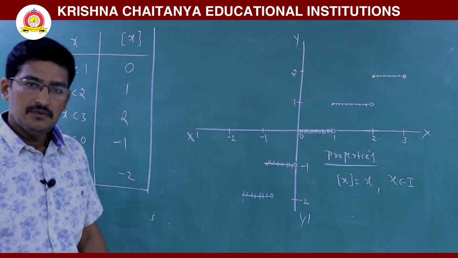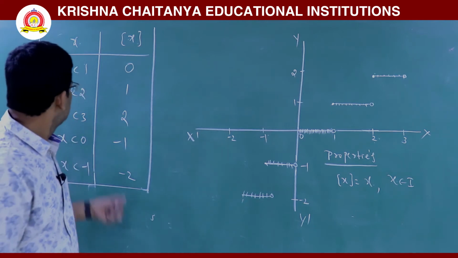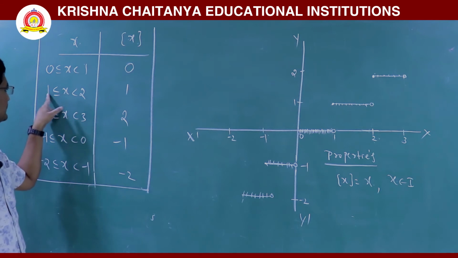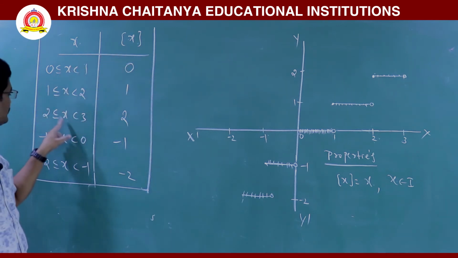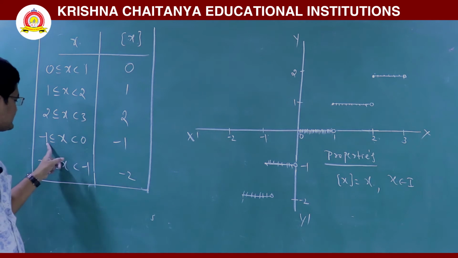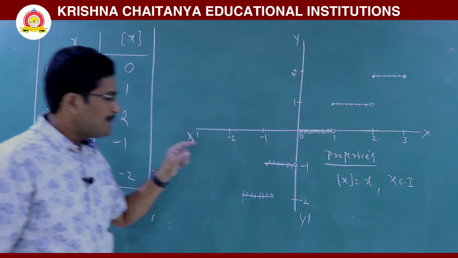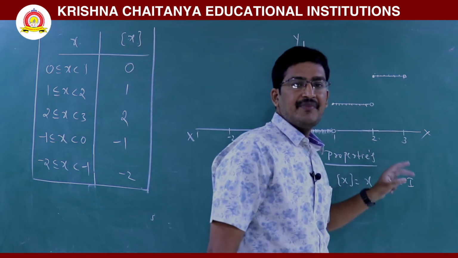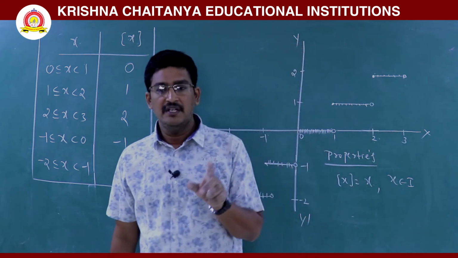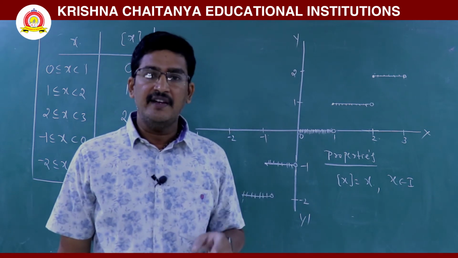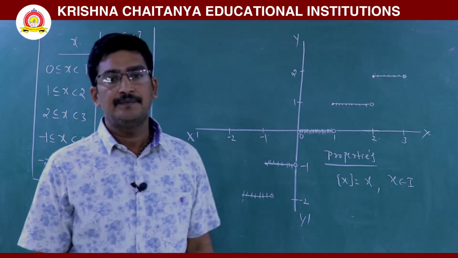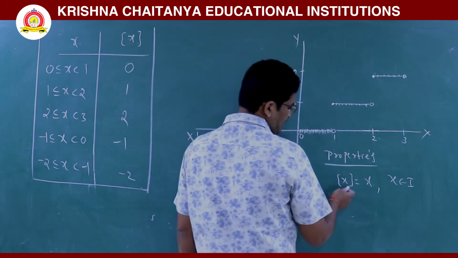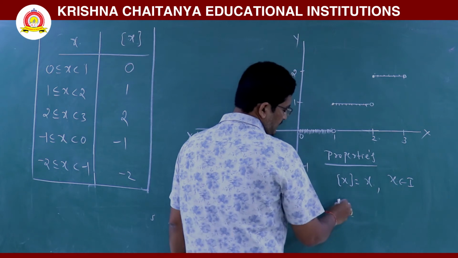Step of 2 is 2, step of 5 is 5, step of 0 is 0, step of 1 is 1, step of 2 is 2, step of -1 is -1. So step x equals x, for x belonging to integers. If x equals 10, step x is 10. Covered? Step x equals x if x belongs to I.